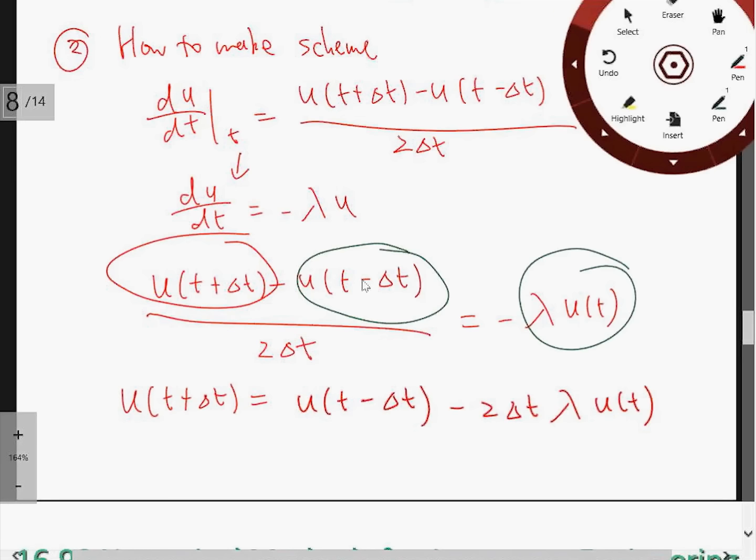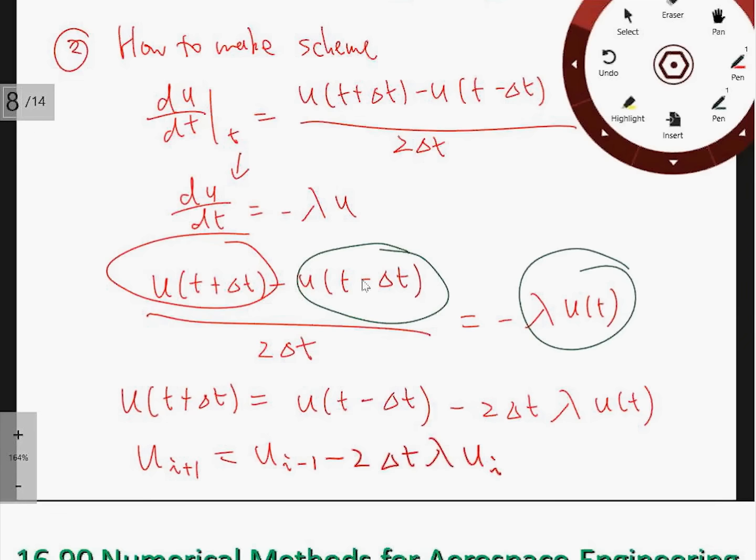All right. If t is going to be exactly on the time step, what I'm going to say is that u_(i+1) is equal to u_(i-1) minus 2 delta t lambda times u_i. Okay, this notation is assuming I have discretized u into a uniform grid of spacing delta t.